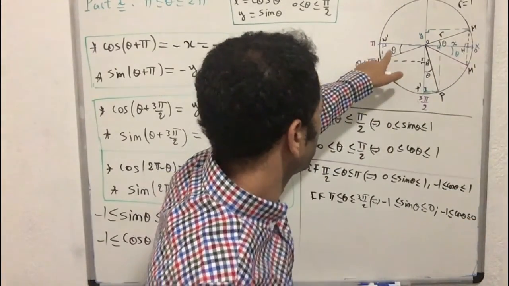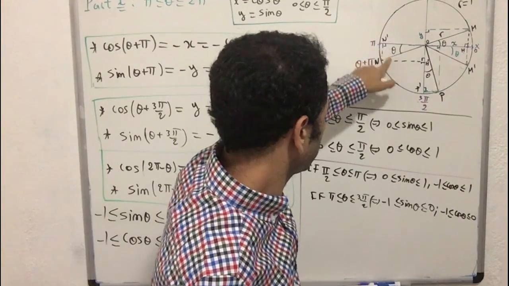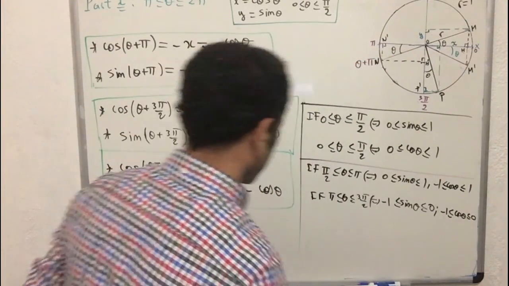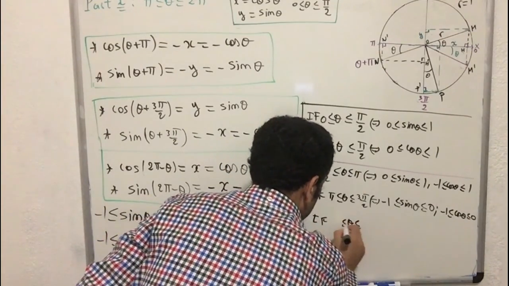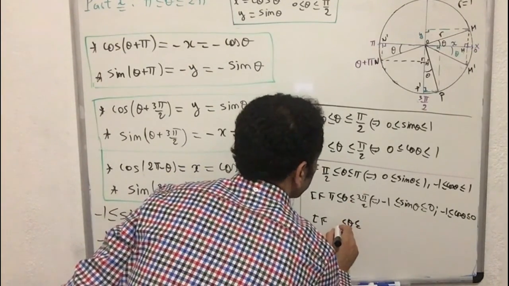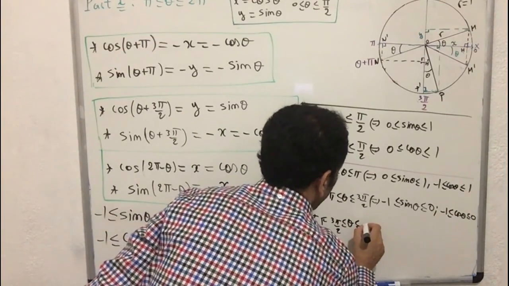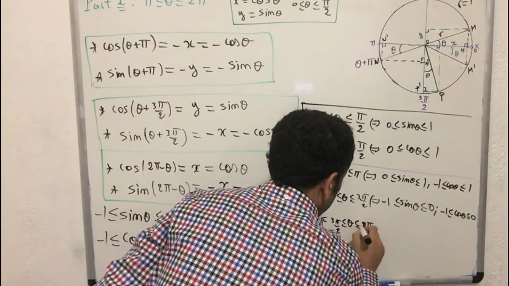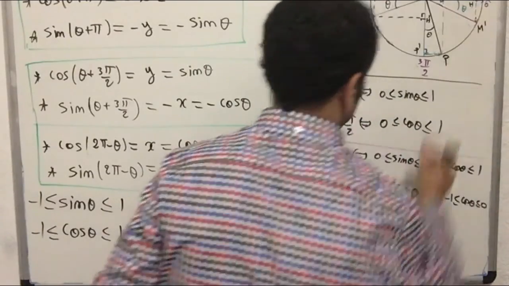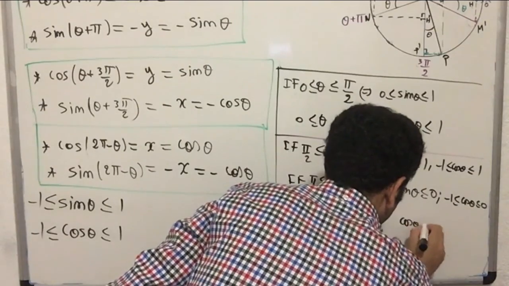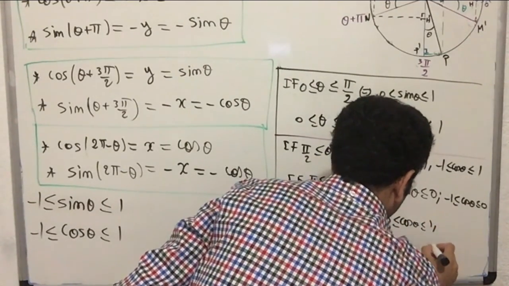By doing the projection on the horizontal axis, you will find the cosine is negative in this interval. If theta is between 3 pi over 2 and 2 pi, the cosine is positive, from 0 to 1.